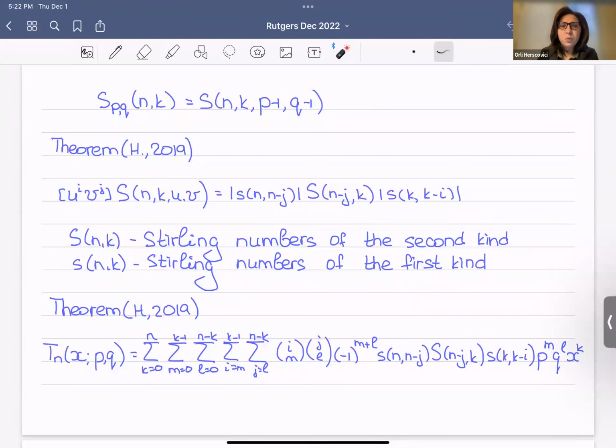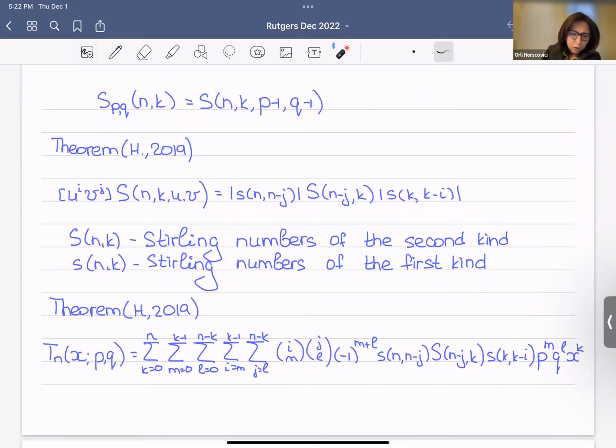Now the question is, what will be the explicit expression for this function S_n,k(u,v)? And in 2019, we showed that the coefficient at u to power i, v to power j, which means we have exactly i blocks to shift to the right and exactly j elements to shift to the right, will be given by a product of three Stirling numbers: two unsigned Stirling numbers of the first kind and a Stirling number of the second kind.